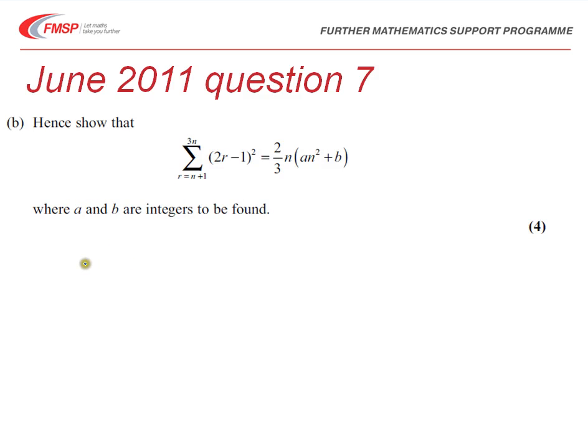The second part of the question is then again a hence question, and this time we're going from r equals n plus 1 up to 3n.